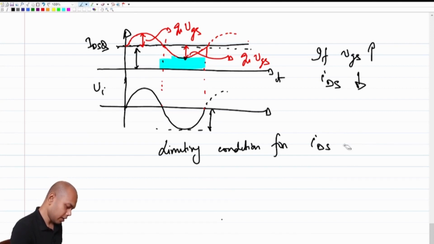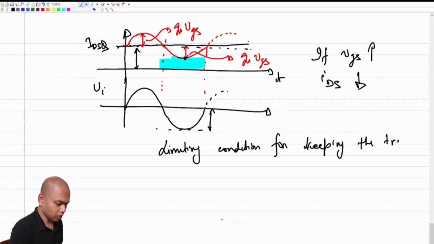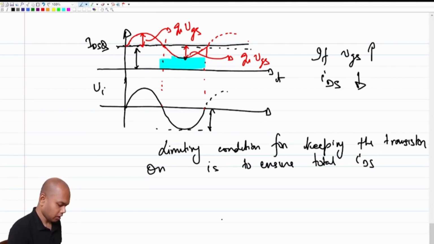Let me just say the limiting condition for keeping the transistor on is to ensure total IDS is greater than or equal to 0, right? So if I say IDS has to be greater than or equal to 0, what does this mean?